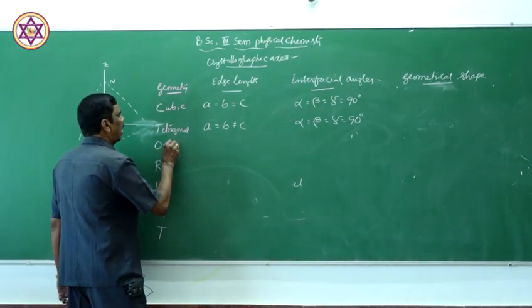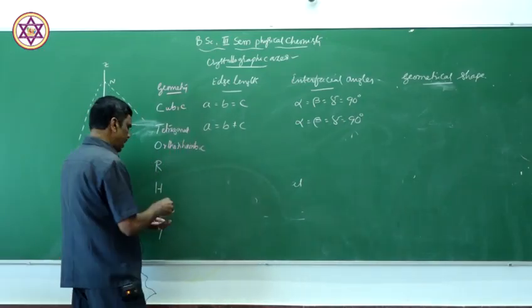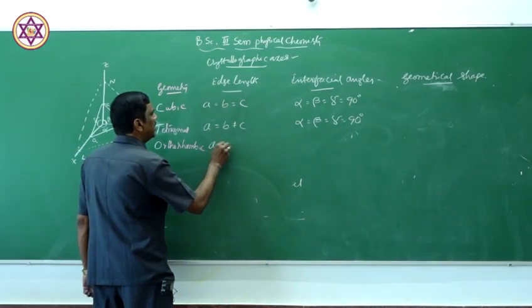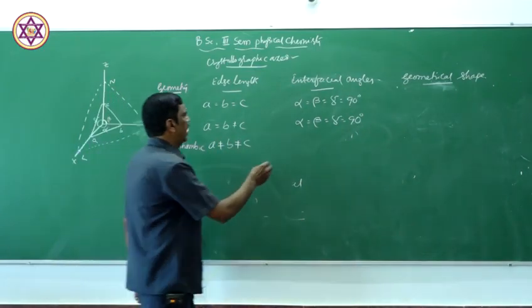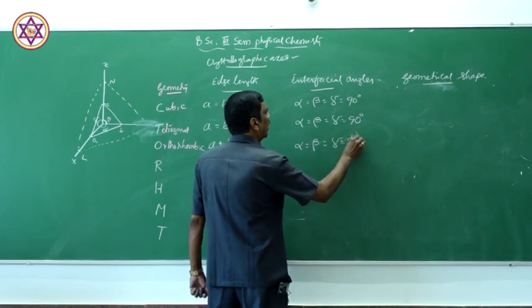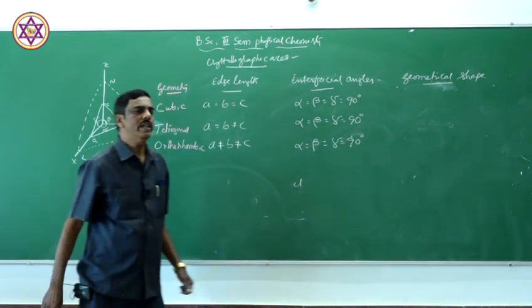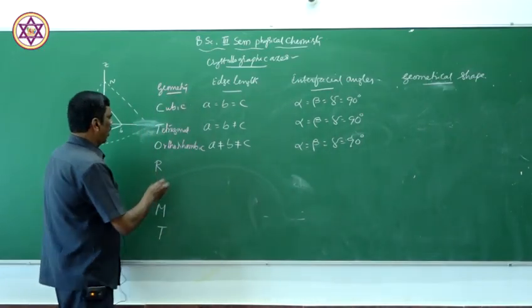Another one is orthorhombic. In this case, edge length A is not equal to B, not equal to C, whereas alpha is equal to beta is equal to gamma is equal to 90 degrees. Another one is rhombohedral.